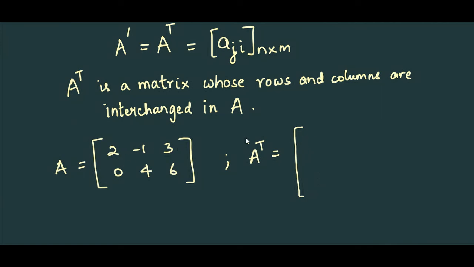The first row becomes the first column: 2, minus 1, 3. And then the second row becomes the second column: 0, 4, 6. Okay. So rows and columns get interchanged. So that's the transpose of a matrix.